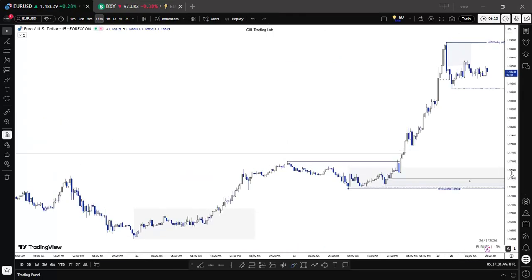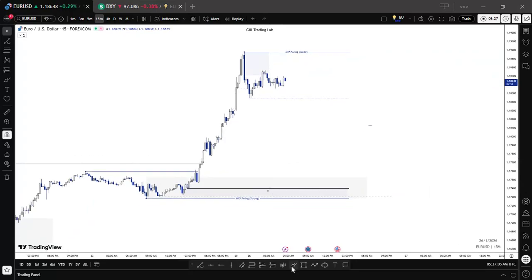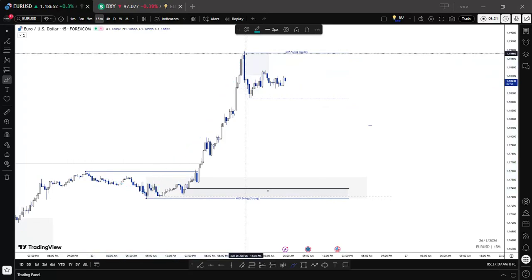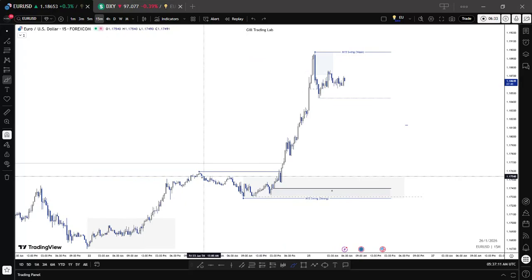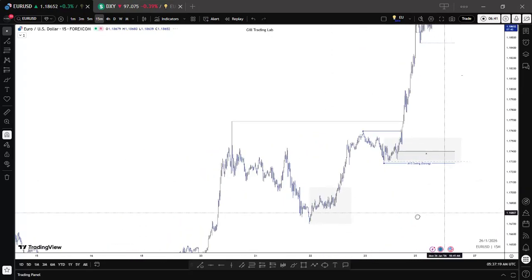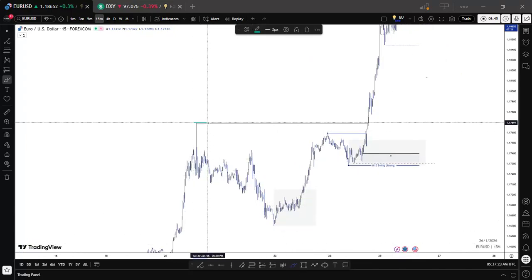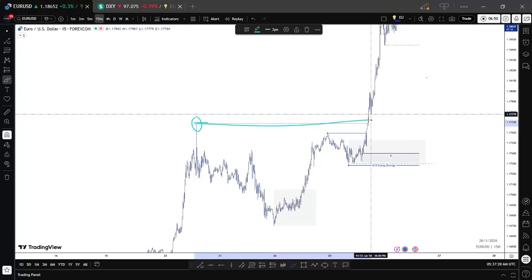So from the M15, my swing structure is bullish. This is my swing structure. I've reset my swing structure to here because previously I had marked this as my swing high, which price has broken above.